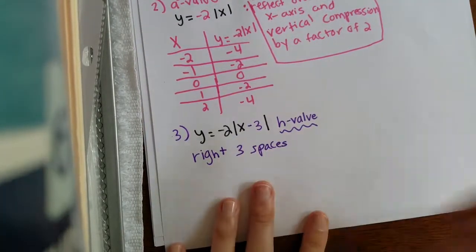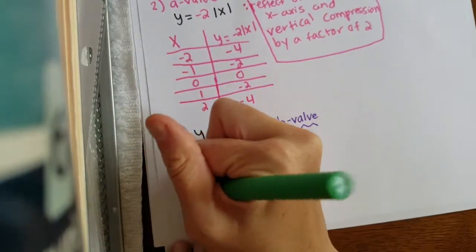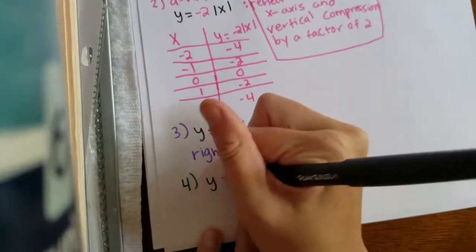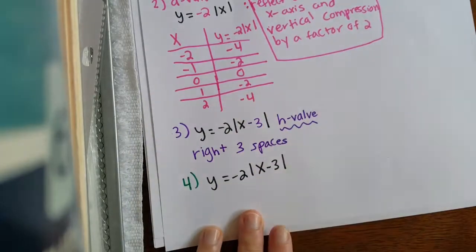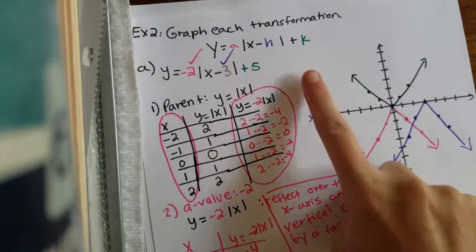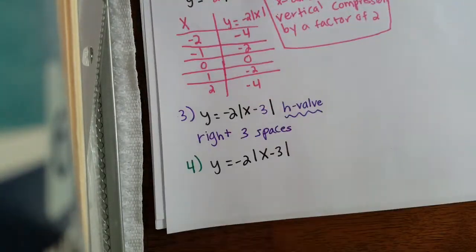The part that we have already tackled is y equals -2 times the absolute value of x minus 3. And the only thing we're going to add on to our previous equation is my plus k up here, which will be my +5.